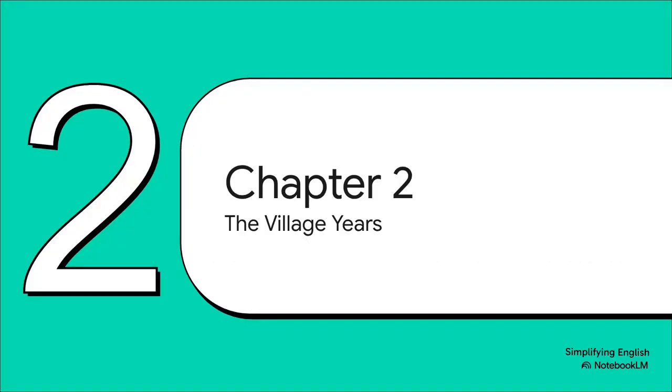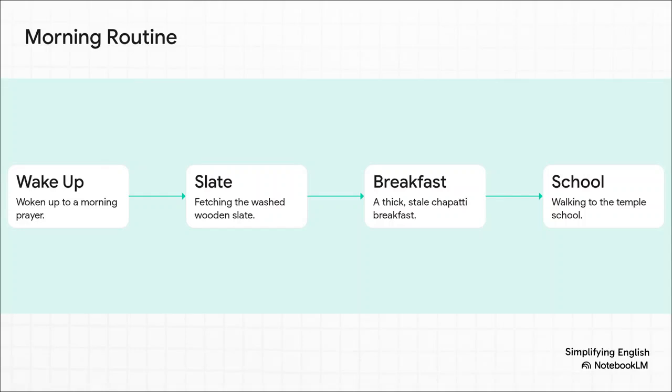Moving right along to Chapter 2, The Village Years. This is a phase of their lives that's just steeped in warm nostalgia. While his parents were off settling in the city, the author and his grandmother shared this highly disciplined morning routine that bound them incredibly closely together in the village. She'd wake him up every single morning, singing her prayers in this monotonous sing-song voice while she bathed him.